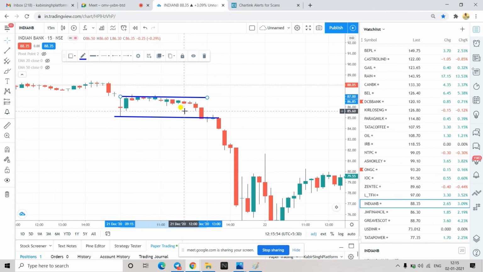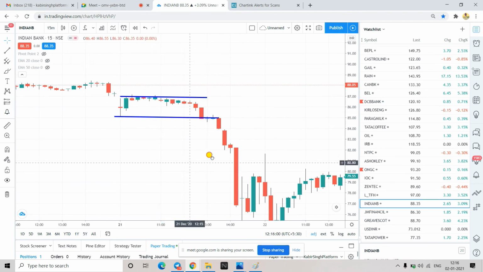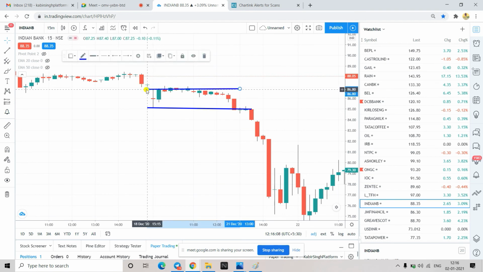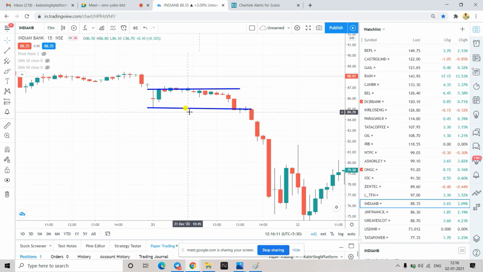And then there was a sell-off. It came up till here and then how sharply it has fallen. So like this, you don't fall into a trap. Don't trade whenever the stock is within the open range.